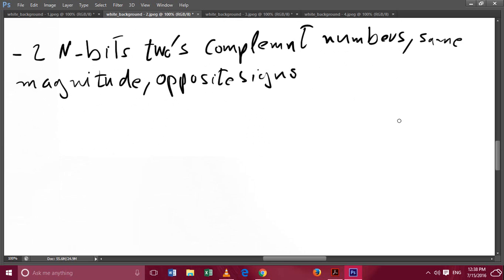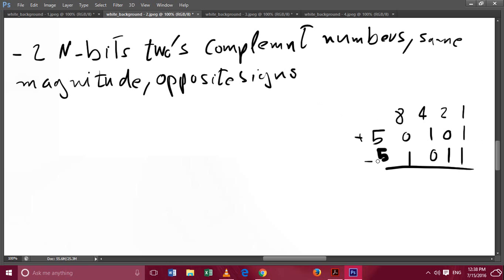Here, if I add +5 and -5, I am supposed to get 0, because this is +5 right here, and this is -5. If you don't know how to arrive at these values, please watch my previous tutorial, because it shows you how to do that.